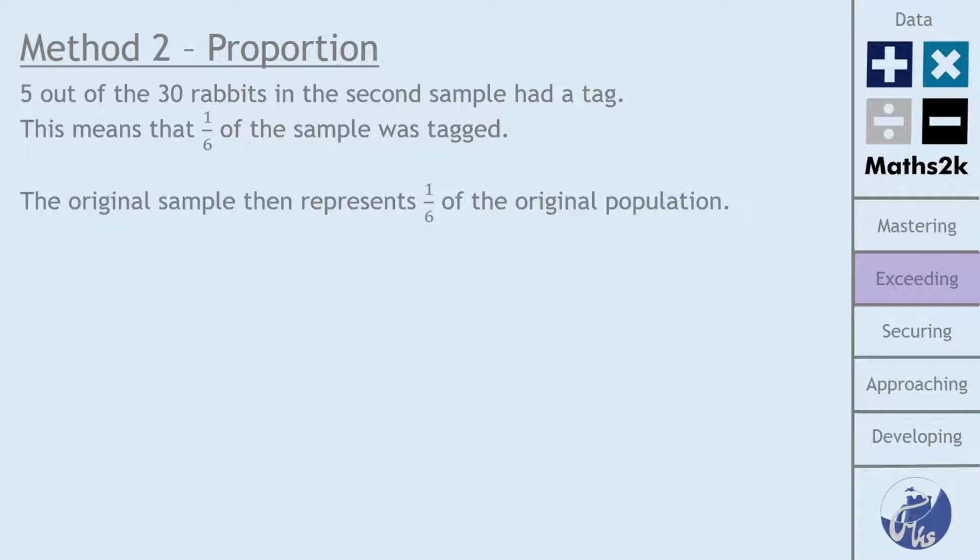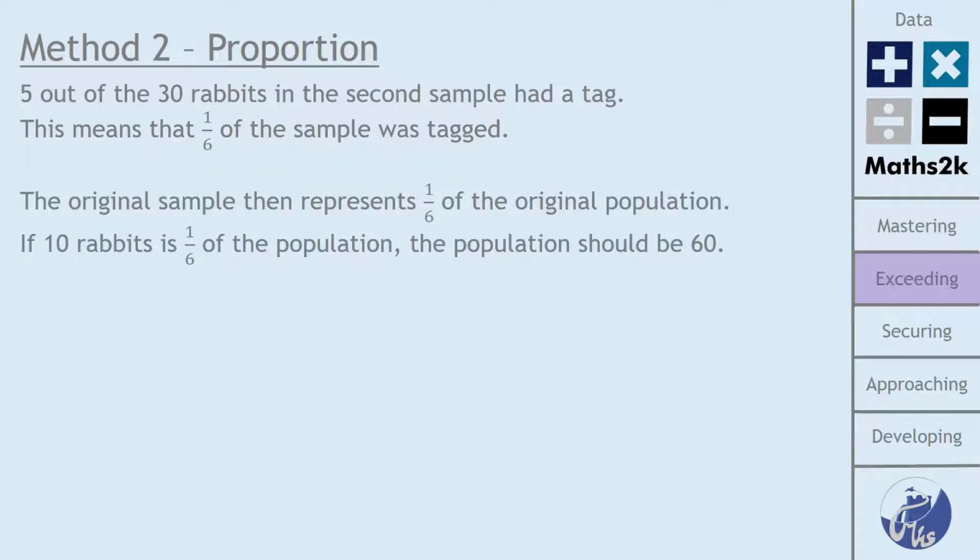So if the sample was 1/6 tagged, then the whole population should be 1/6 tagged. So in which case the 10 rabbits, which is 1/6 of the population originally, that means that the population should be 60, 10 rabbits for each 1/6 of the population.